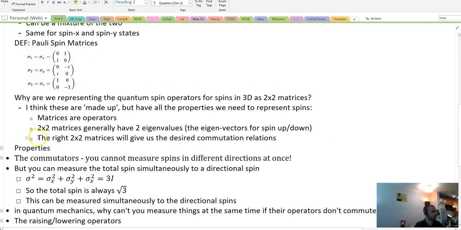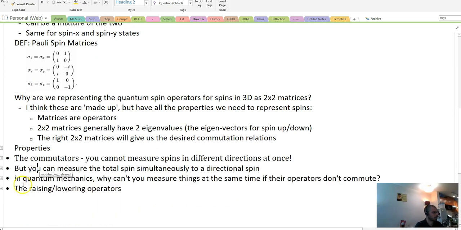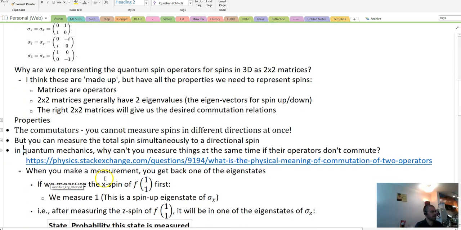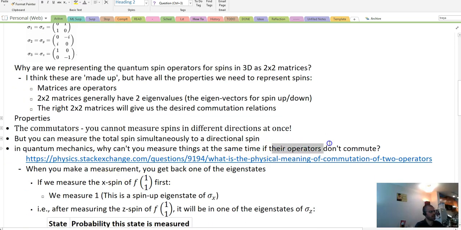So let's close up those. Okay, so in quantum mechanics, why can't you measure things at the same time if their operators don't commute? So I found some great answers posted here.